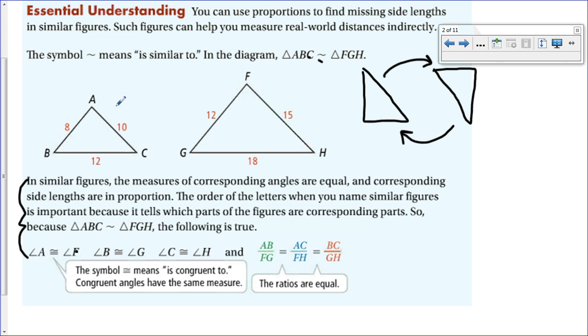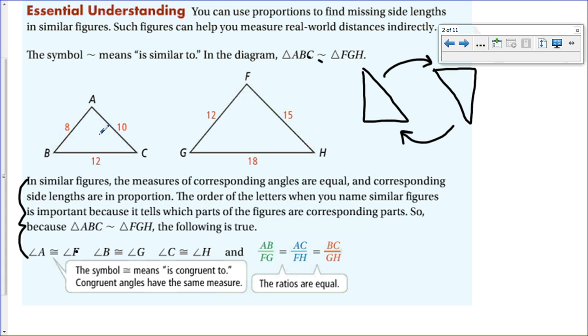So angle A and angle F are congruent. Congruent means the same measure. B and G are congruent, C and H are congruent. However, the ratios of the sides are equal. Not necessarily the lengths of each side, it's the ratio.